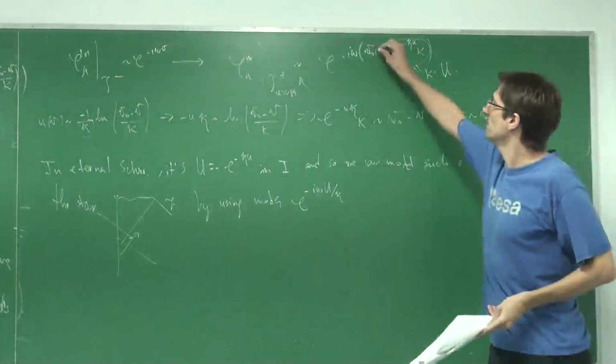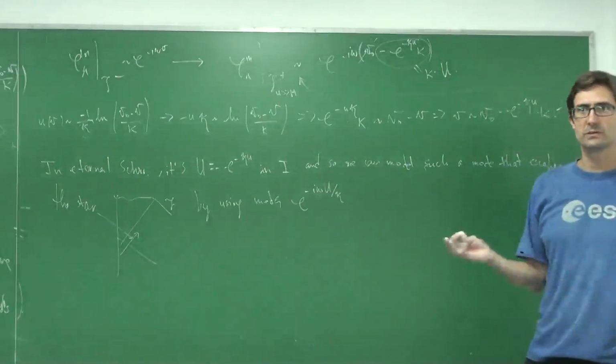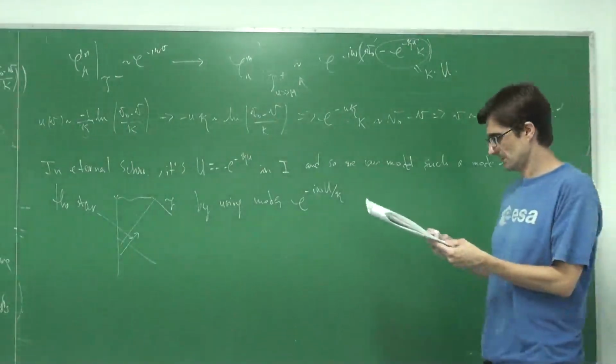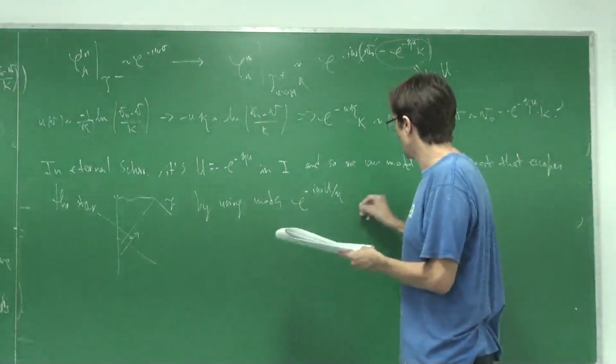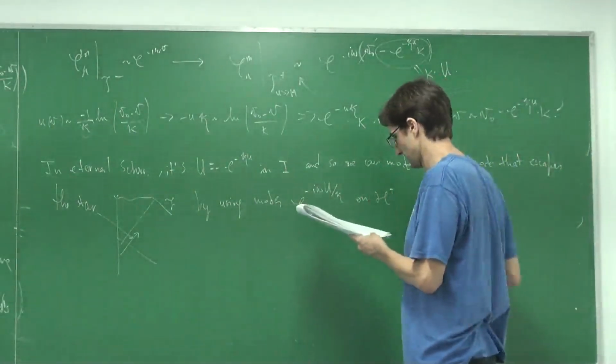So that V0 part is just a constant, you can just totally ignore this. H minus.